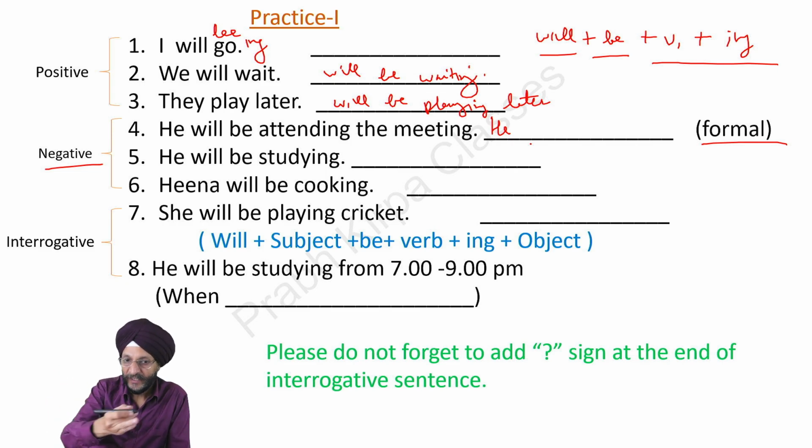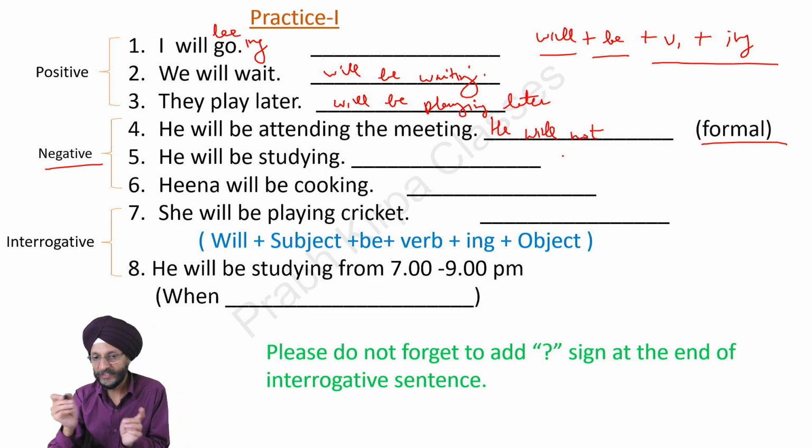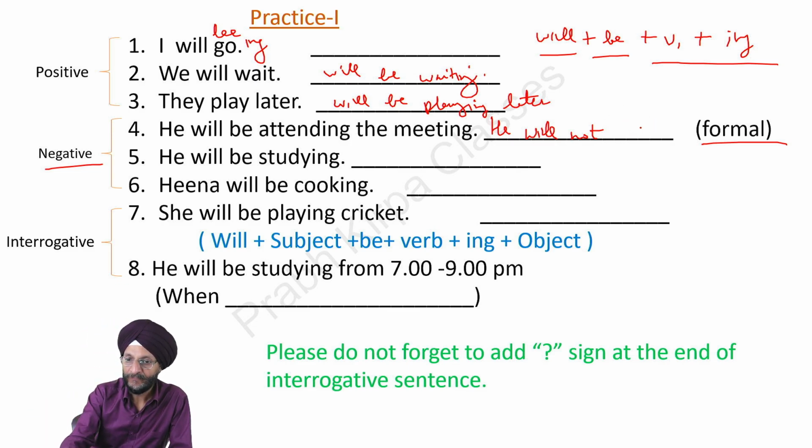The answer is he will not be attending the meeting. So in the case of formal, you are not to use any contraction. You will not say he won't be attending the meeting. You will write in the formal way, he will not be attending the meeting.